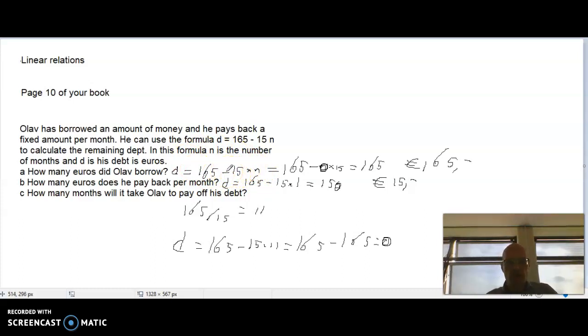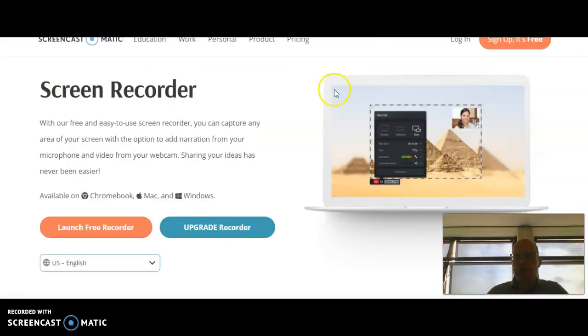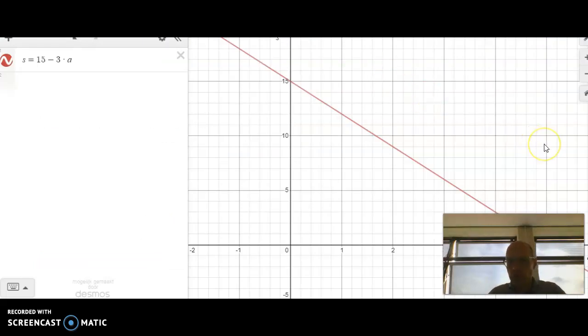If we make a graph of one of these, and I'm going to make a graph that is also used in the book for the theory part, then you can see the formula S is 15 minus 3 multiplied by A. If I make a graph out of it, so the computer did that for me, it's very nifty, then you can see it's a straight line. And if the graph of a formula is a straight line, it's called a linear formula. We're going to make a note out of it a bit later.